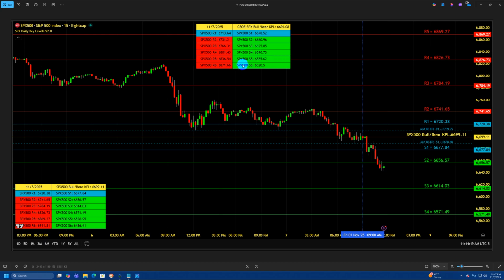Now there are a couple of other reasons why you might want to have this indicator on the SPX 500 chart, and that is if you're not trading SPX index options and you are instead trading SPX through a Forex broker. So if you have a Forex account, then Forex is used typically for major currency pairs such as Euro USD, USD JPY, etc., and then also for CFDs for major indexes.